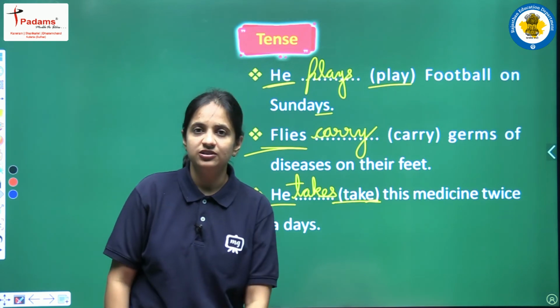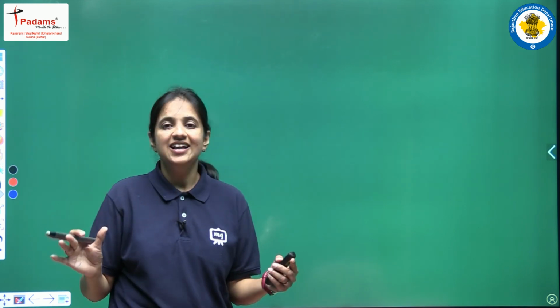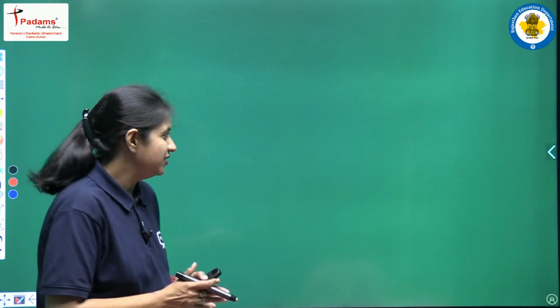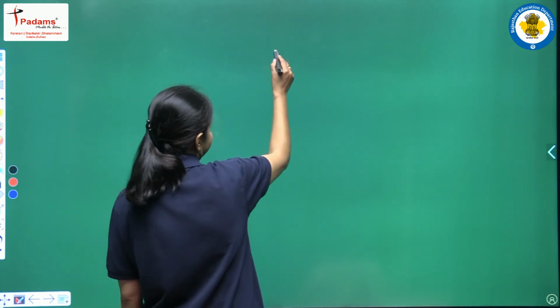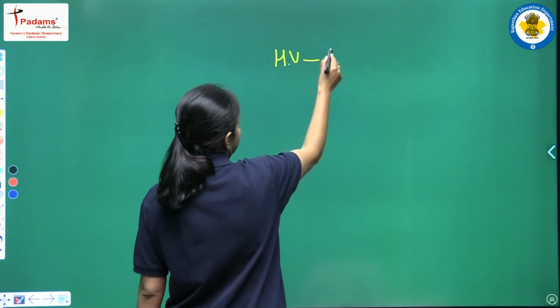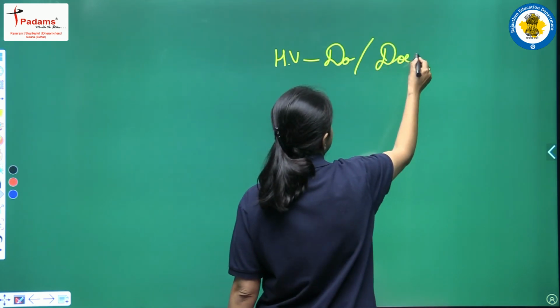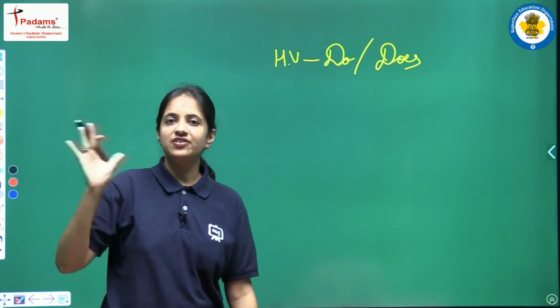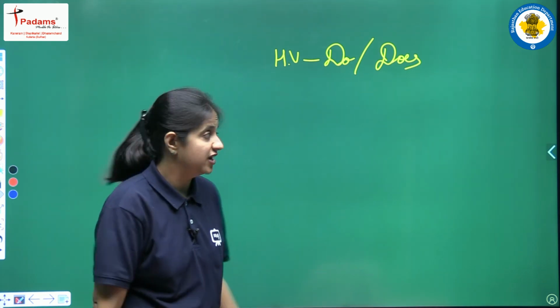Okay, so this is the present simple tense, and one more time let's revise, how can we summarize this tense. So this is the present simple tense. Helping verb we are having do and does, and we are having different rules for positive sentence, different rules for negative and interrogative sentence.